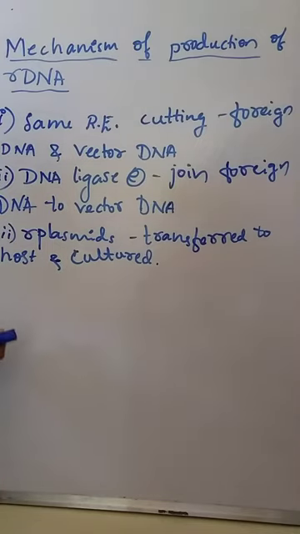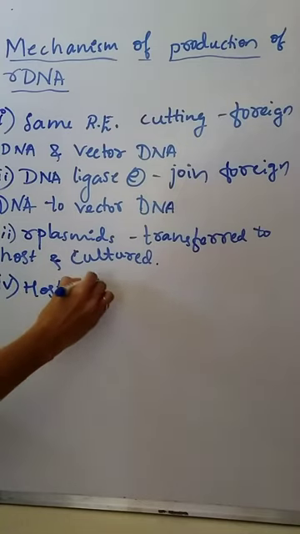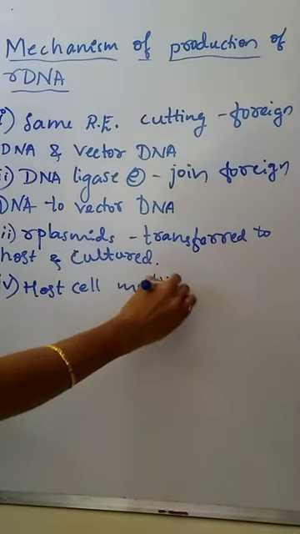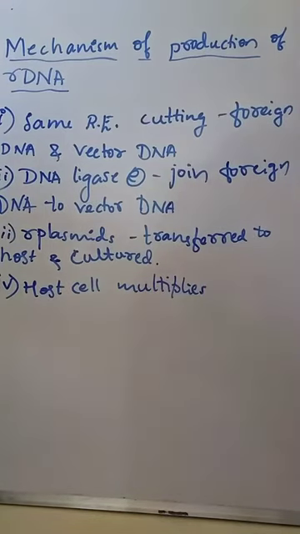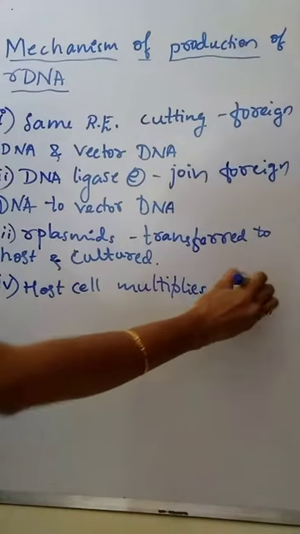Then, as this host cell multiplies, the foreign DNA molecules are cloned. As the host cell, into which we have introduced the recombinant plasmid, multiplies, this foreign DNA also gets multiplied, and that is called cloning.